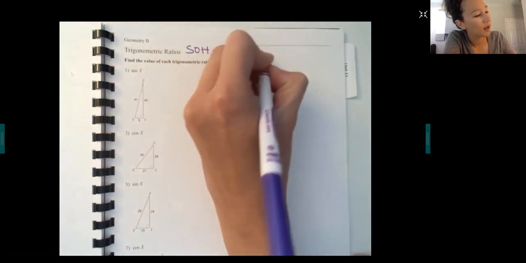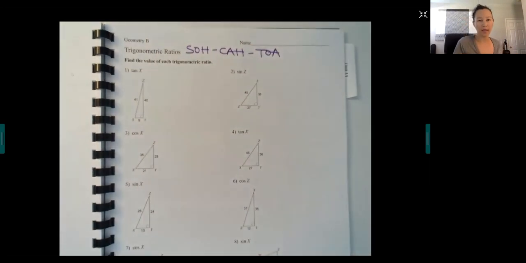Okay, so it helps to maybe write SOH CAH TOA at the top of our page to help us remember our ratios.